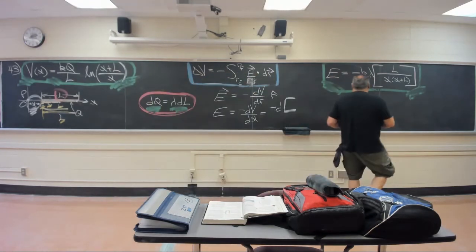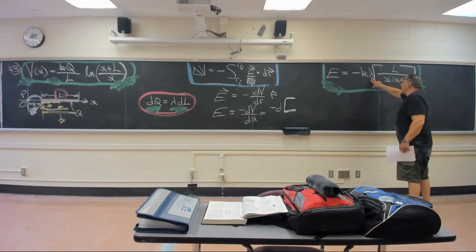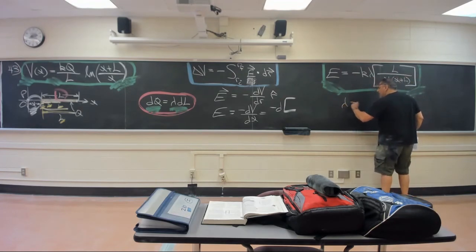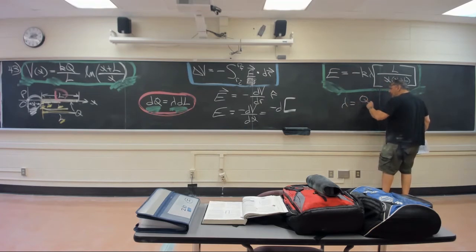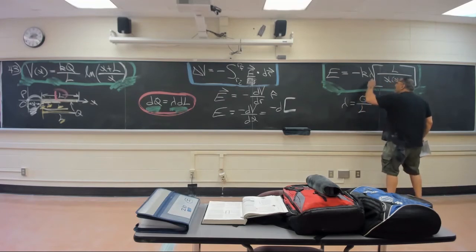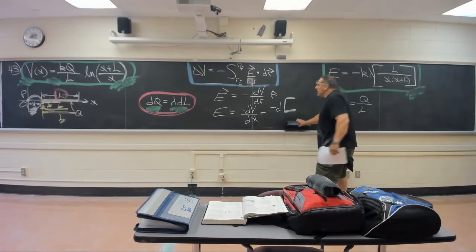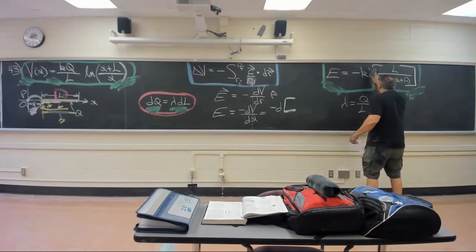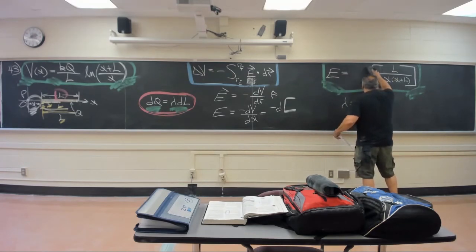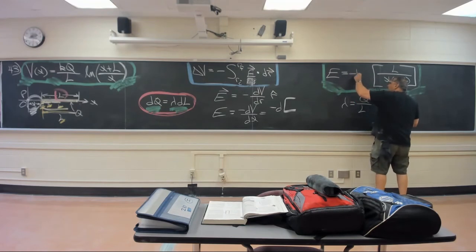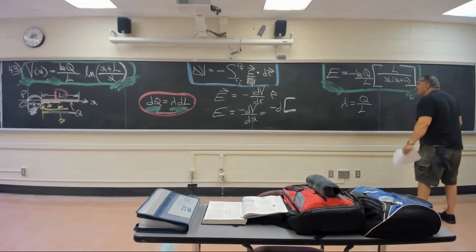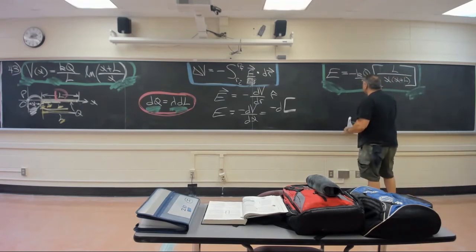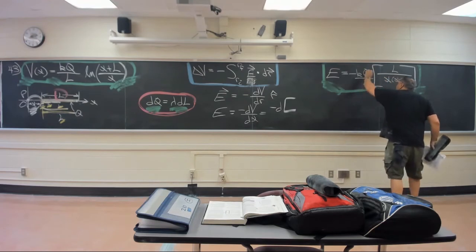Forgive me, guys. There's one more thing to say here. What the heck is lambda? Lambda's dq dl, but lambda is also q over L. So you can write it as Q over L is lambda.